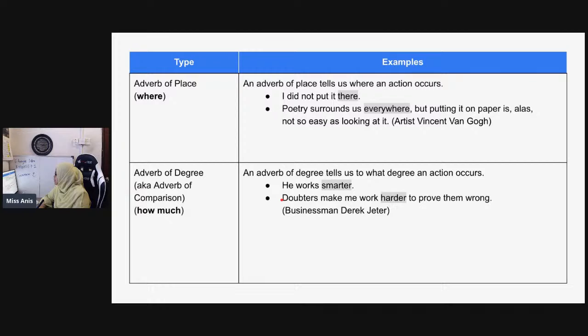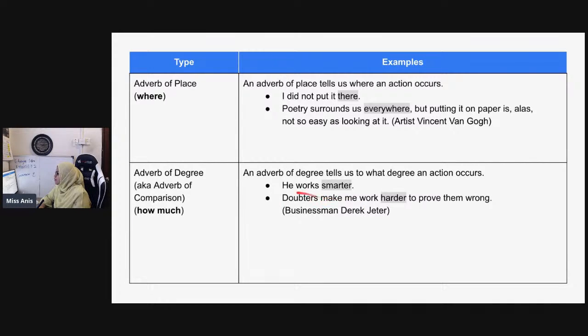Okay, and then last one here, doctors make me work harder to prove them wrong. Businessman direct jeter. Alamak, dah lupa siapa dia. So he's one of the businessmen lah. Maksudnya usually this is one of his quotes. So dia cakap dekat sini, doctors make me work harder to prove them wrong. So maksudnya doctor ni adalah orang-orang yang tak yakin dengan dia, yang macam tak percayakan dia.